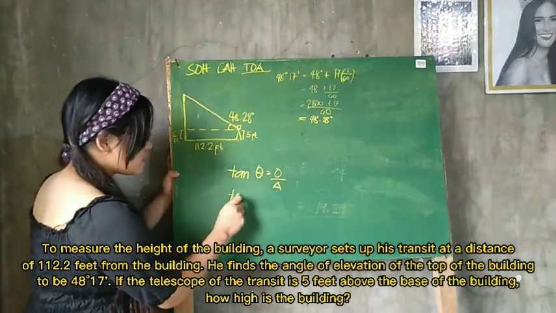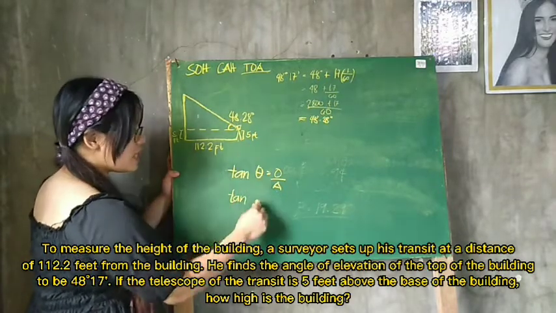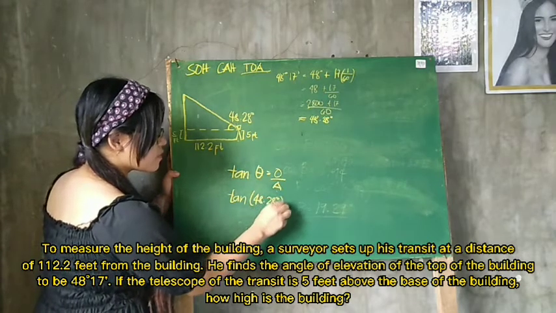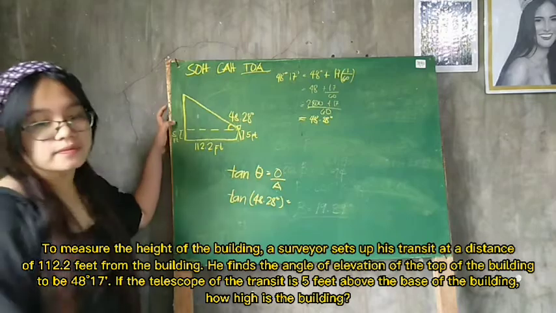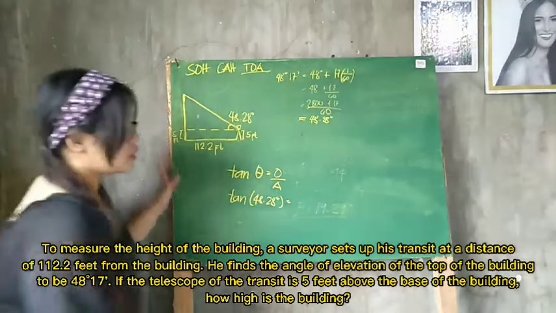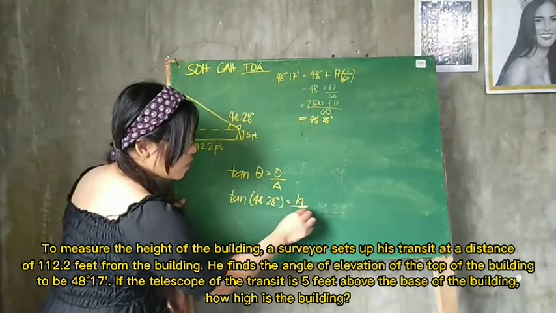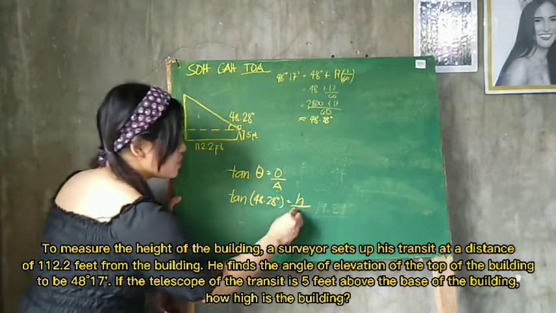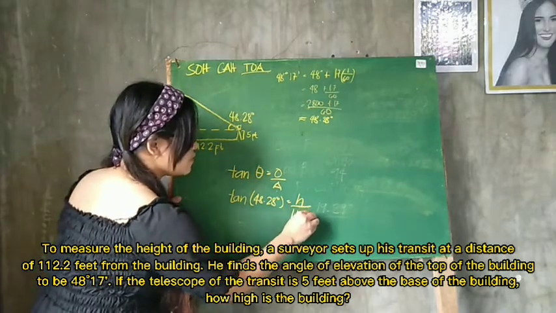Then tangent of 48.28 degrees, and the opposite is the height. So the height of the building y over the width, which is 112.2 feet.